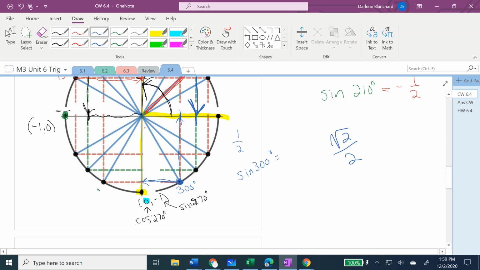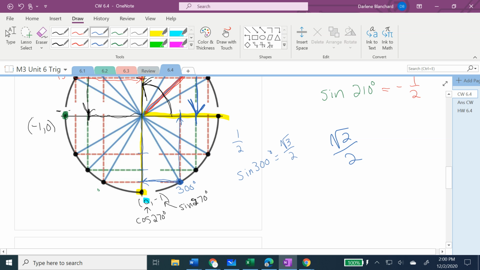If you want to look at the fact that it's on the negative y-axis, and it's not all the way down at the bottom, it's how many of these dashed lines from the origin. So it's 1, 2, 3 away. So it's square root of 3 over 2.